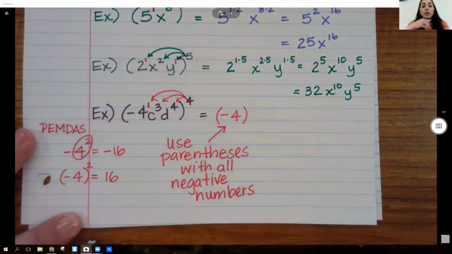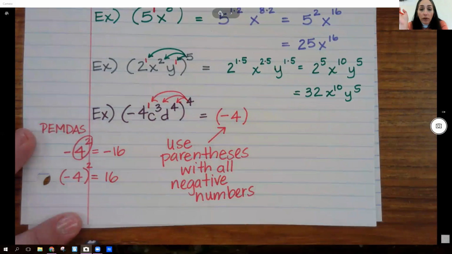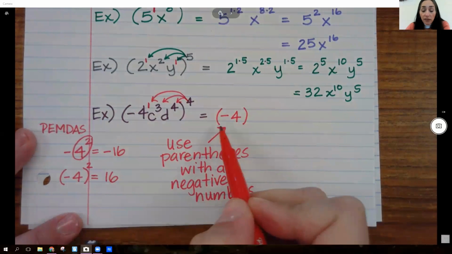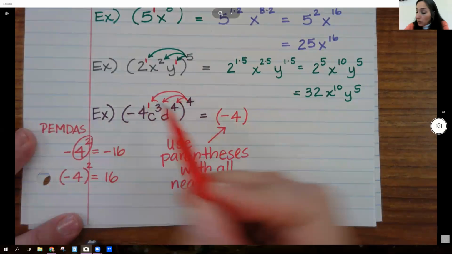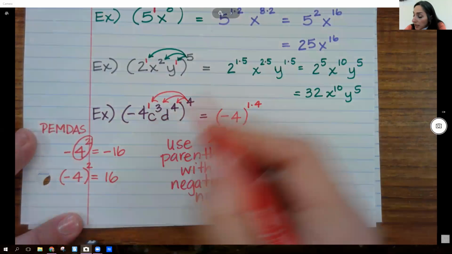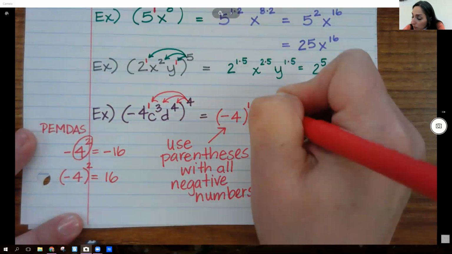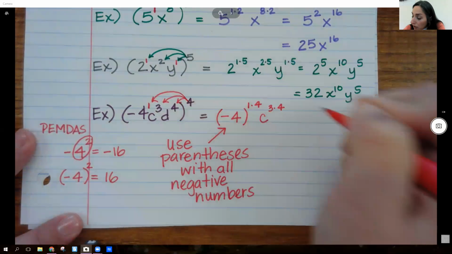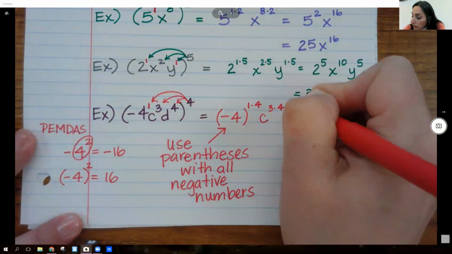So in order to bypass all of that worry of getting the problem wrong, just put parentheses around all negative numbers and you'll be good to go. Like always, just put parentheses around the negative number and then do like you normally do, 1 times 4, like that. The letters are easy, right? C will be raised to 3 times 4. D will be raised to the 4 times 4.